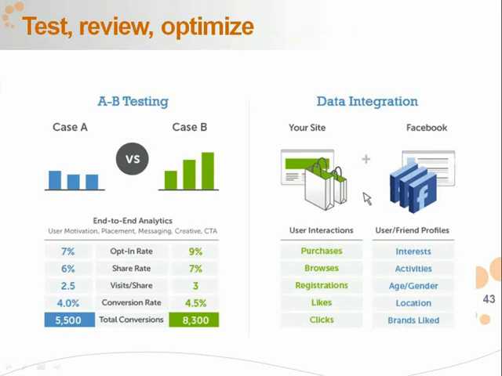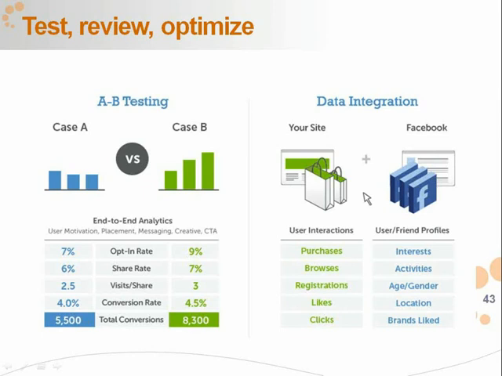And then, of course, you need to test, review, and optimize what you're sending out, because you can never expect to get 100% or 80% success at the first go. So it's important that you look at integrating your systems and then testing and reviewing how it's working out, whether you need to make tweaks, changes, and whether you need to optimize your program further, whether there's a change in landing page, whether your content is not up to the mark, or whether you need to do better with the data sheet.